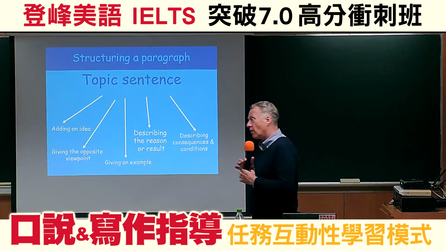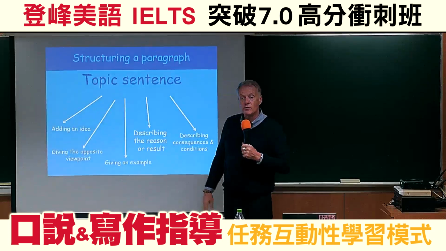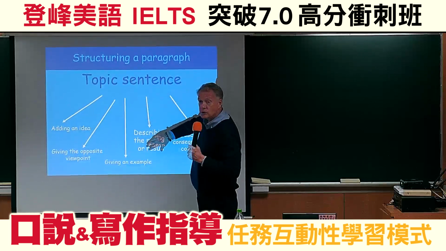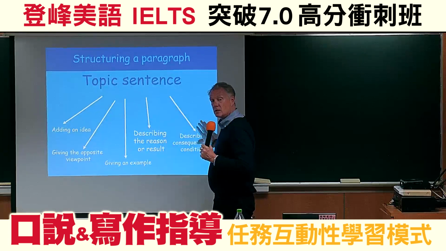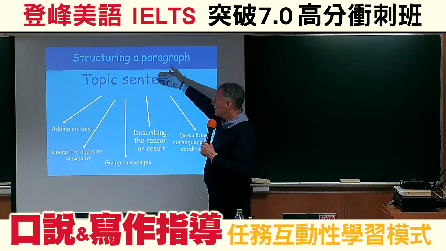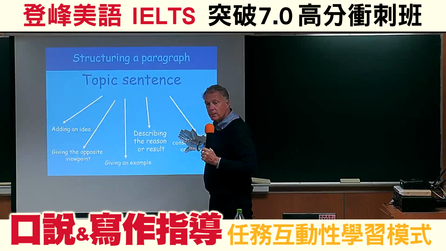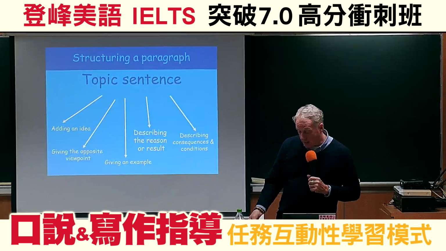So your paragraph, your body paragraph, should be organized in this way, right? You begin with a topic sentence, and then you can choose. Do you want to do this next, or this, or this, or this? But the key point is that this is very general, and this is very specific. Okay? And your body paragraph should be organized in this way.